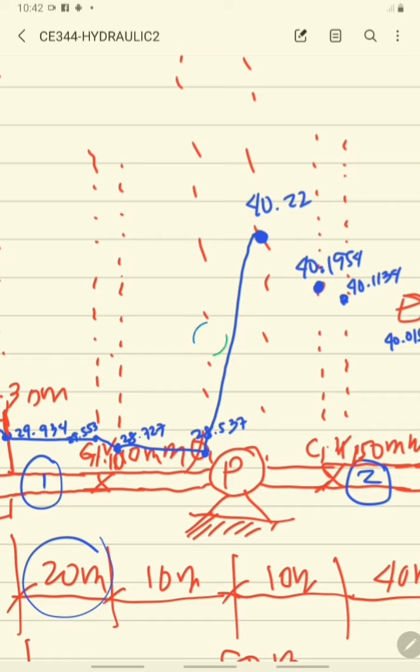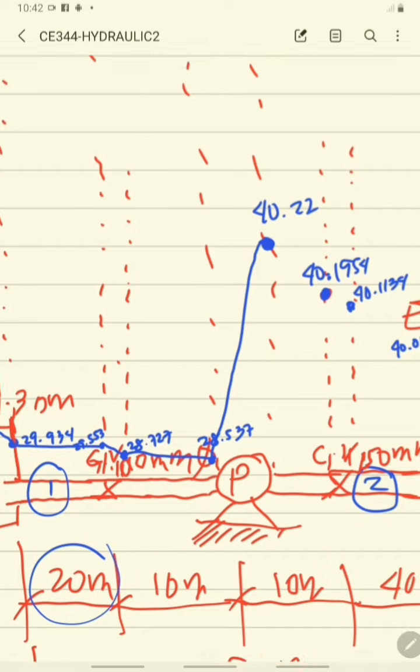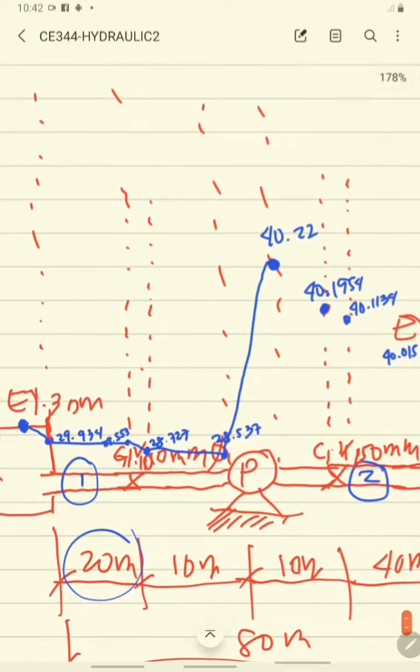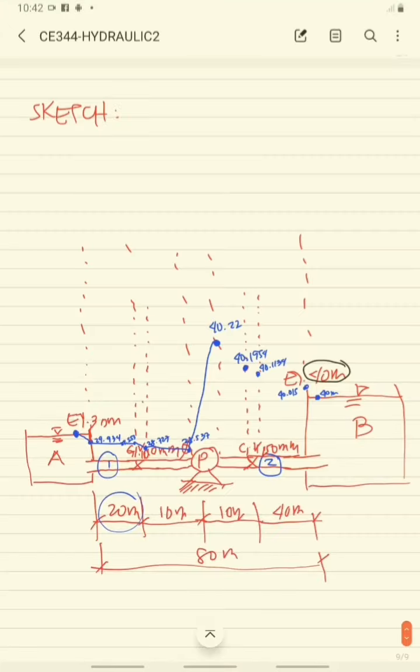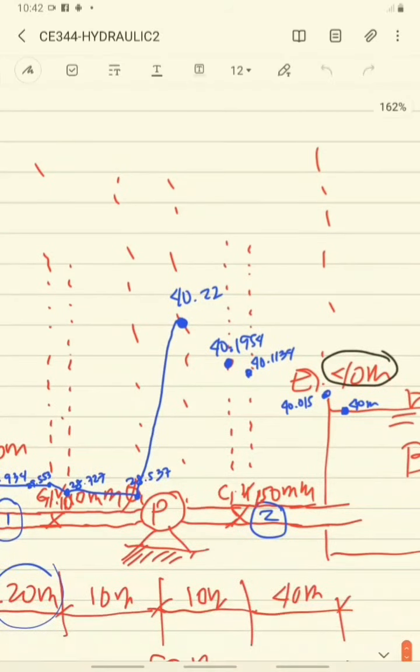I don't know what is happening. Okay, we have to wait again, then we have to connect again.